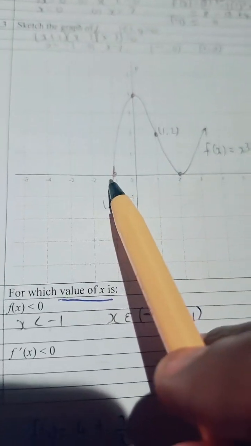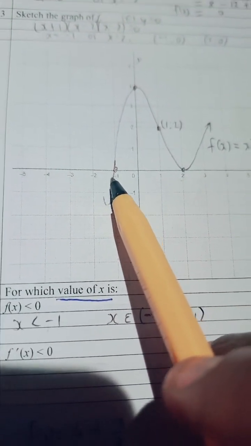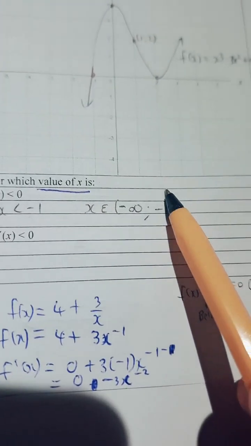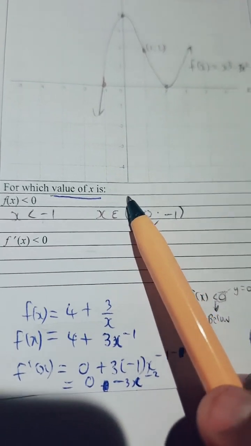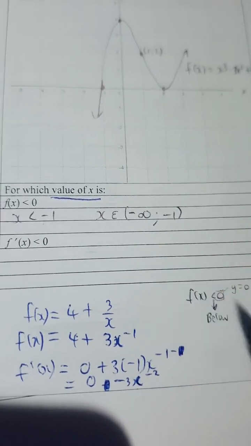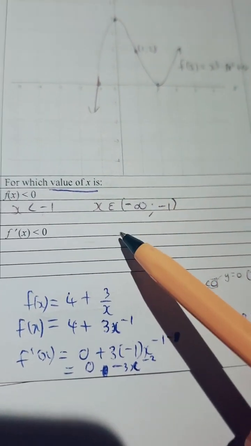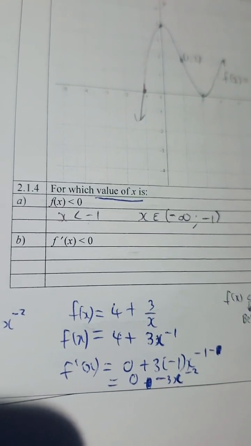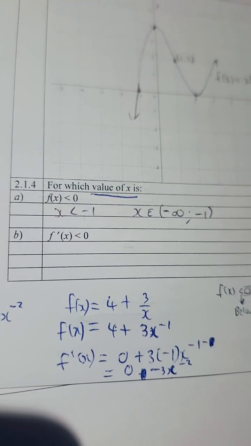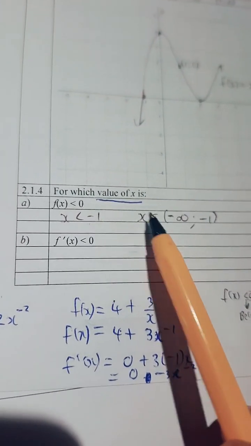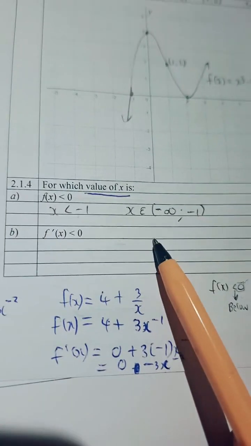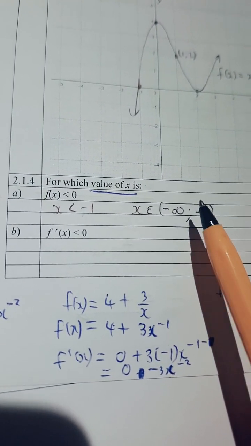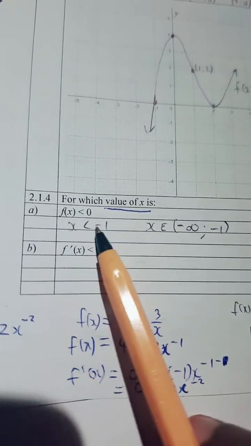We are looking for when it is below the x-axis, which means we don't include -1. So that's why we use open brackets. And infinity, of course, negative infinity and infinity are never included because those are not fixed numbers. I mean, sorry, it's not a number, infinity, or negative infinity. It's a representation of numbers that go on forever in the negative direction. So negative infinity to -1 would be an alternative way of writing the same answer.